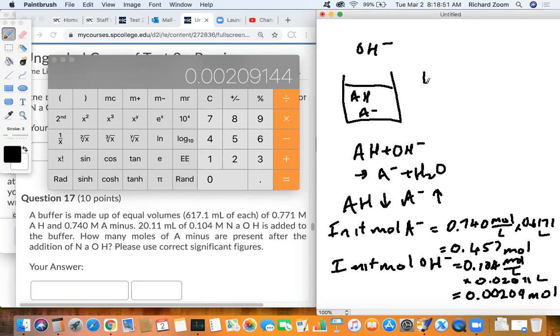So the final moles of A minus is going to equal the initial moles of A minus plus the moles of OH minus.